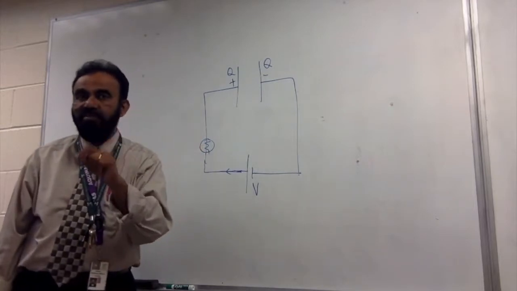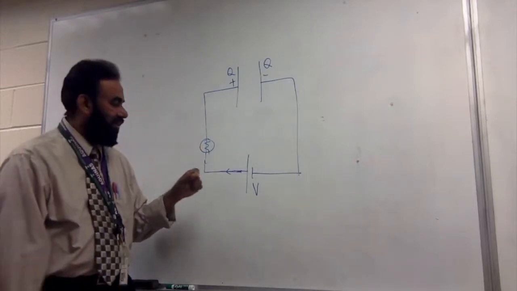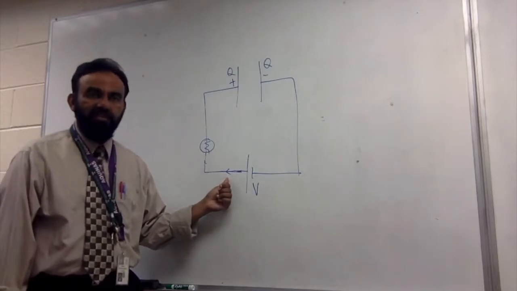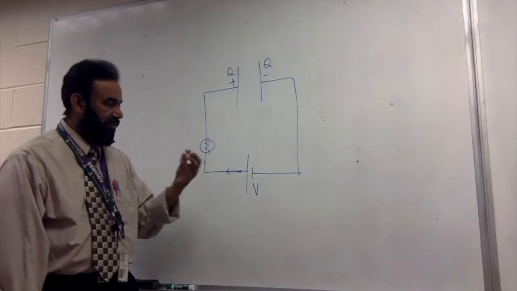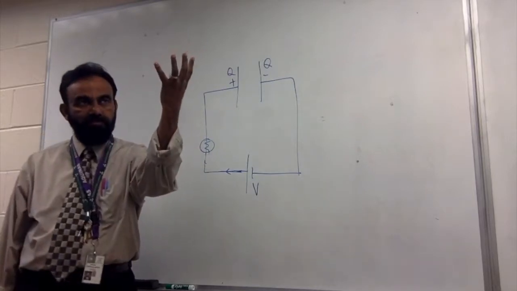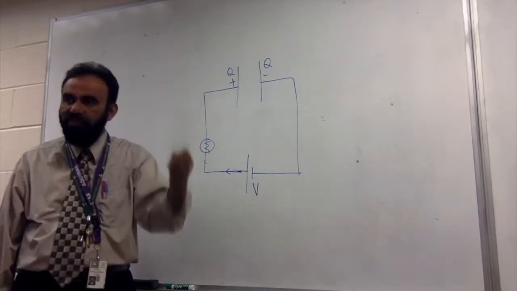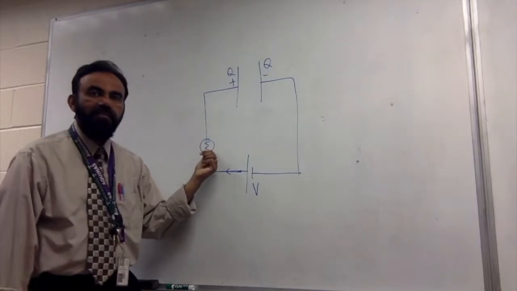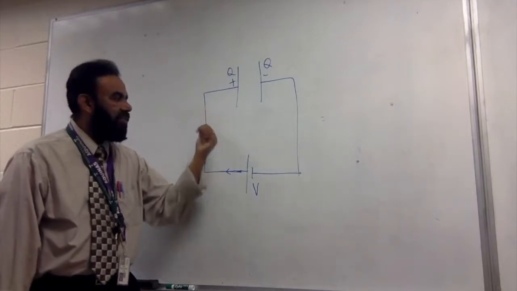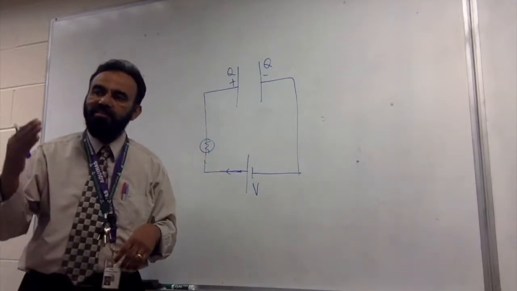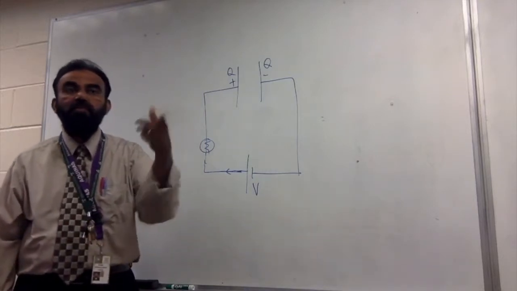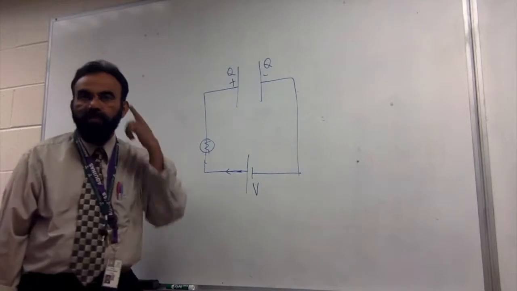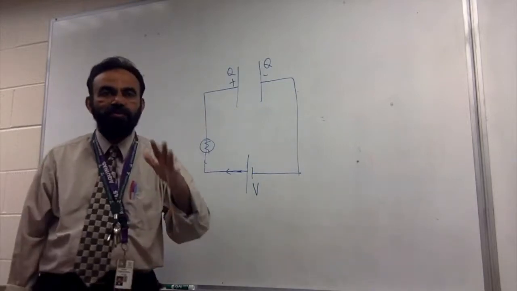Therefore, you won't get a very high current to start with. It will be a fairly good amount of current, which will cause the light bulb to glow, and then it will go down in intensity. Now, if I put more resistance here, then it will slow down that same process, and it will light up for more time. If I put resistance, it delays the whole process.